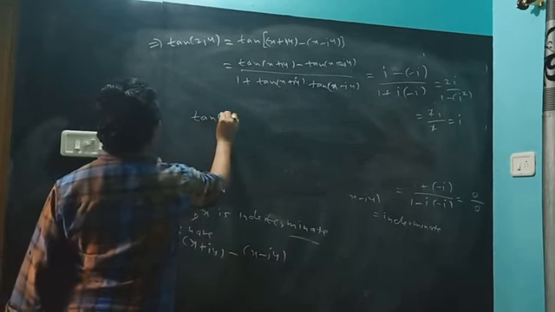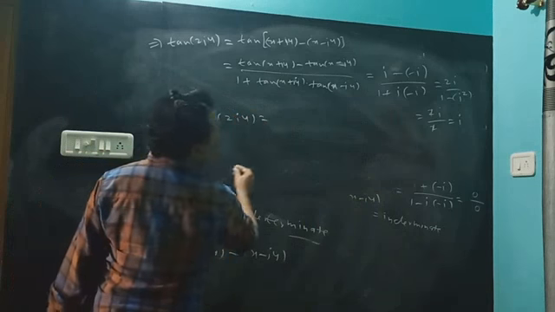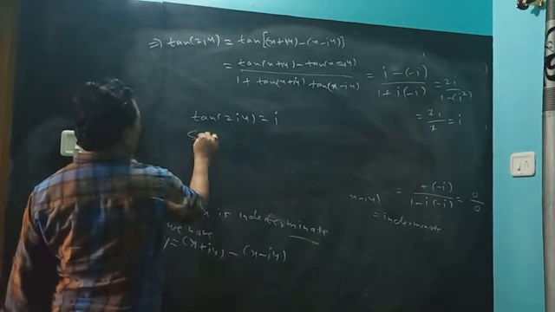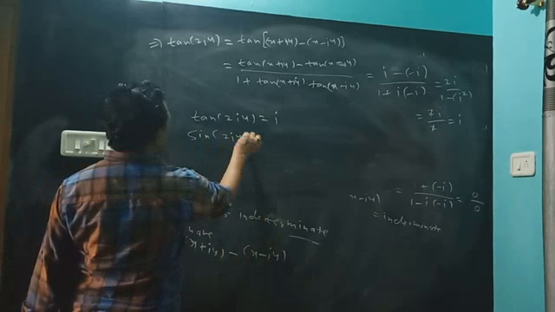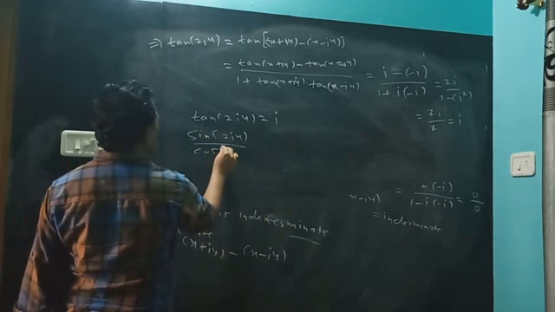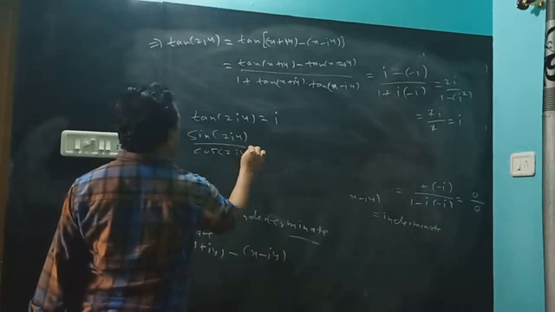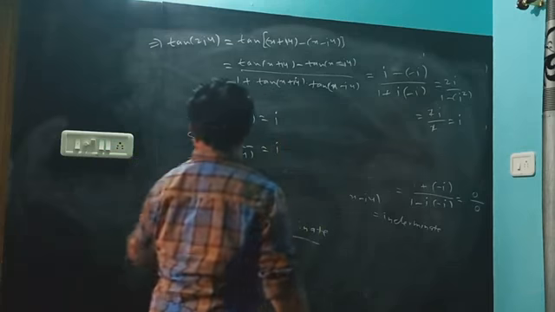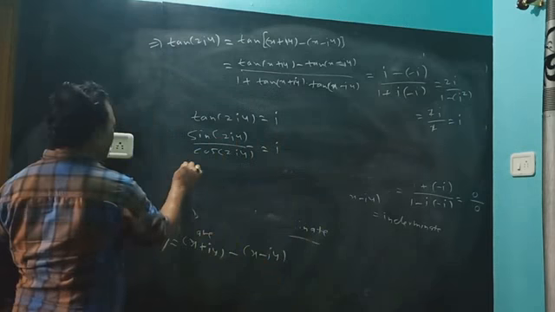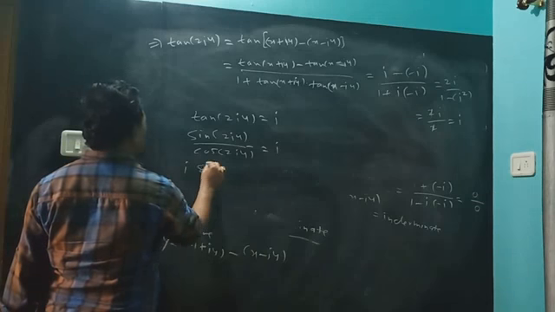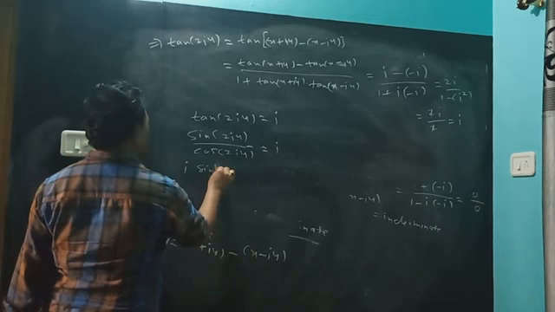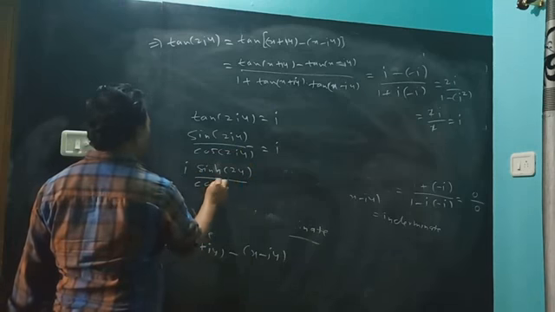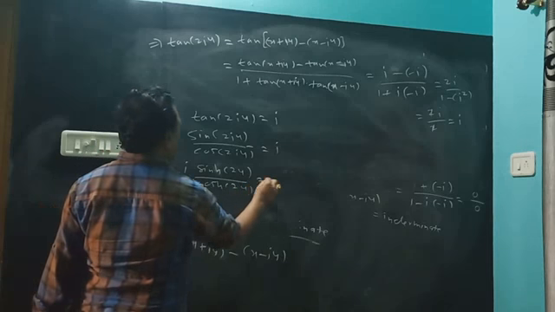So tan of 2iy equals to what? I. Now tan 2iy, tan means sin by cos, sin 2iy divided by cos 2iy. Sin 2iy is I times sinh 2y, and cos 2iy is cosh 2y.